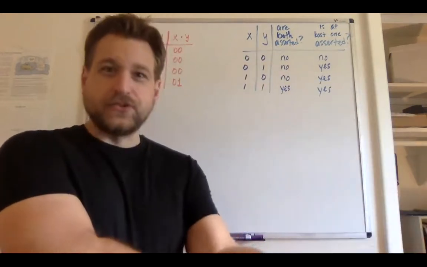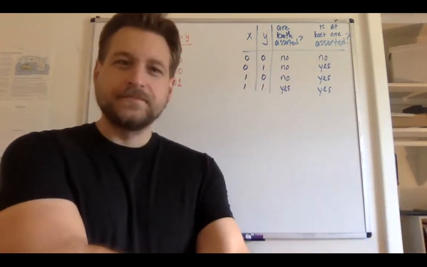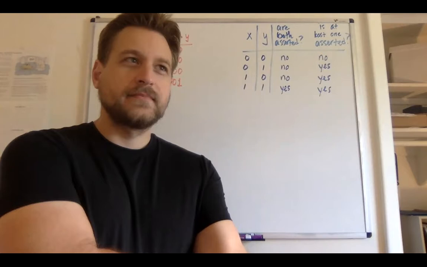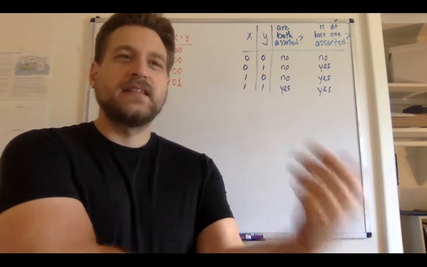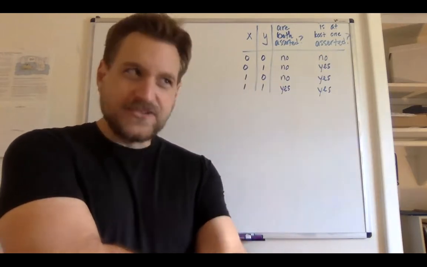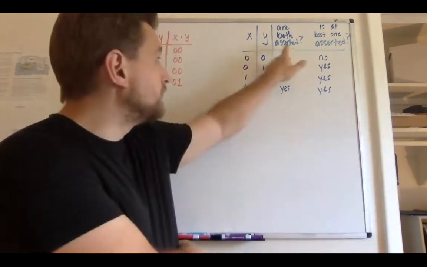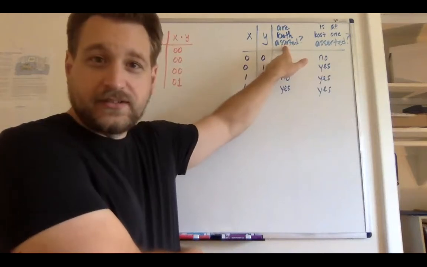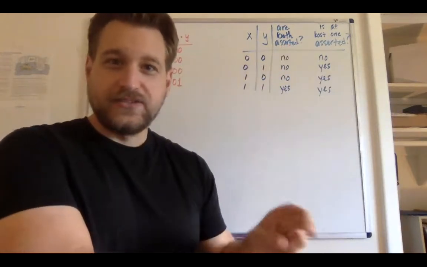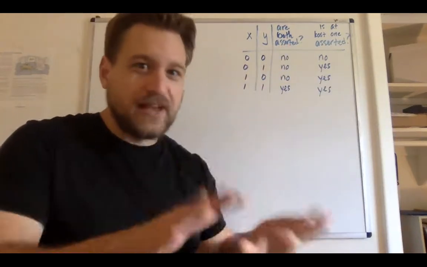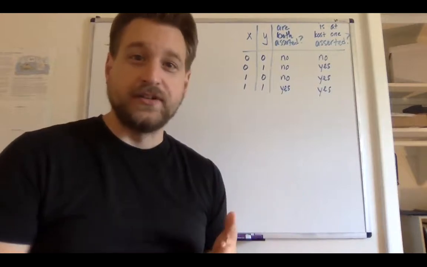Either yes, it's true, or no, it is not. That the answer to a logical question like this has only two values, only two possible values, either yes or no.